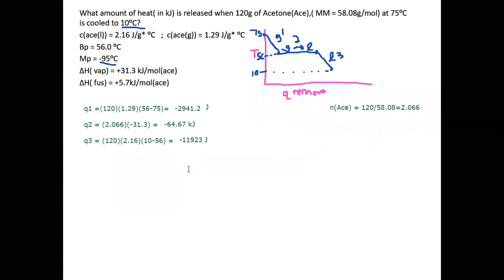Okay. So now again, you'll notice that the ones where we use Q equals m c delta T are in joules. We want to convert them to kilojoules. Then we can calculate Q total.